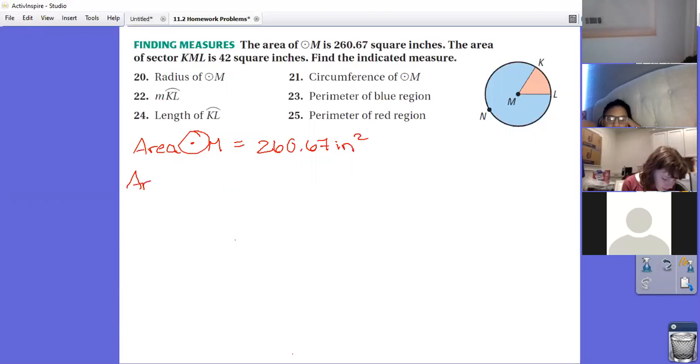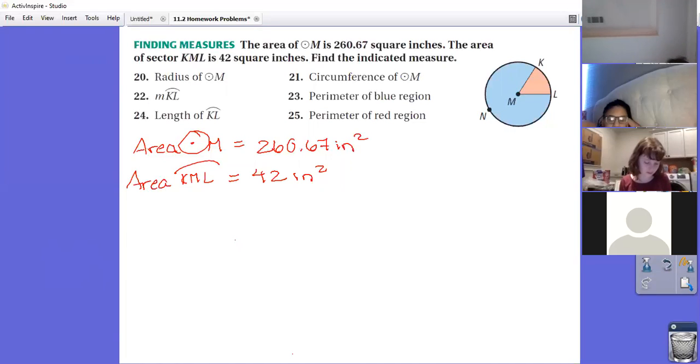The area of sector that's encompassed by KML is 42 square inches. So I have the area of the sector, and then I have the area of the entire circle. So it says find the indicated measure.